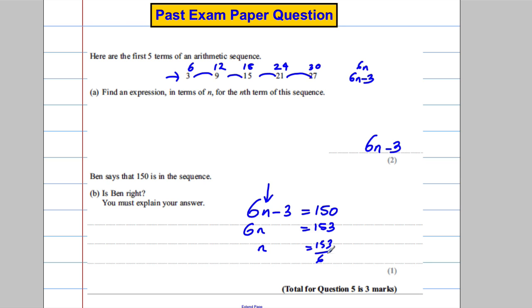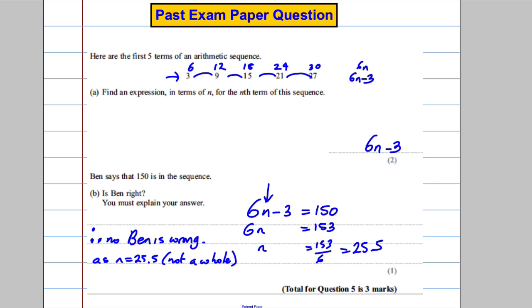And 153 divided by 6 actually gives me 25.5. Therefore, no, Ben is wrong, as n is 25.5, not a whole number. Okay, and that's that one.